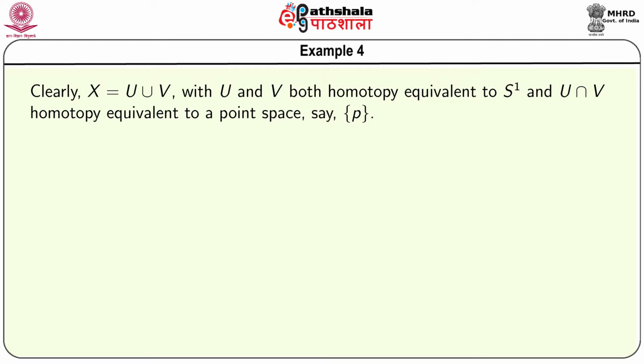Clearly, X is the union of U and V, and as described, U and V must be homotopy equivalent to S^1, and U intersection V is homotopy equivalent to a point space P.